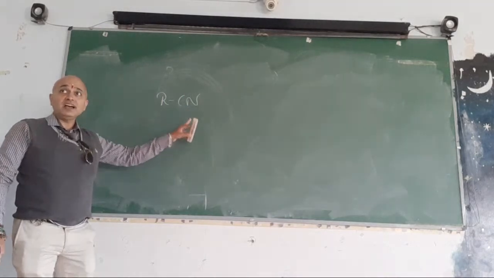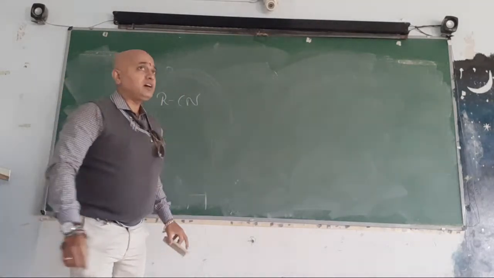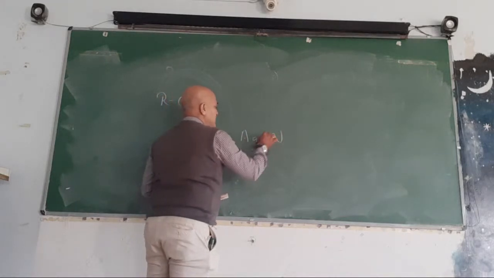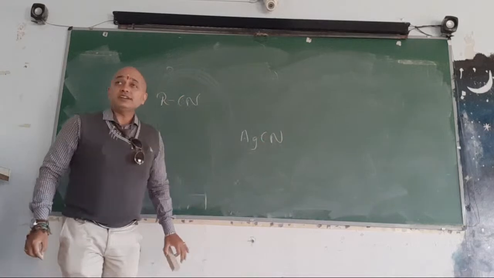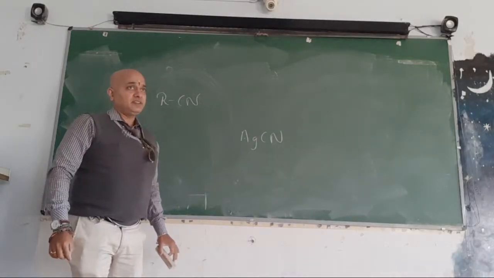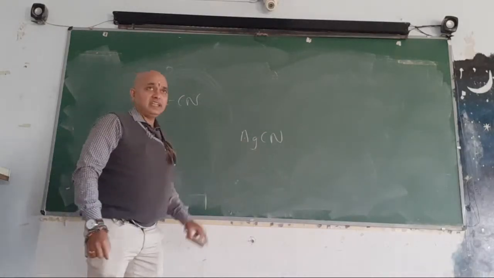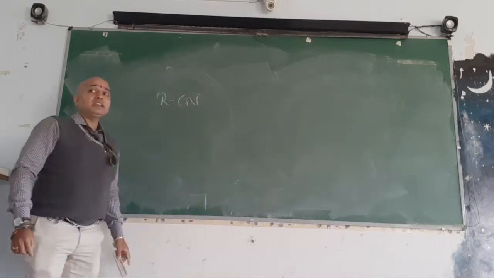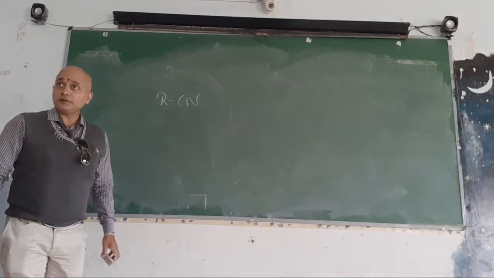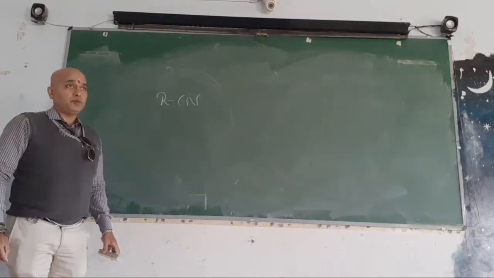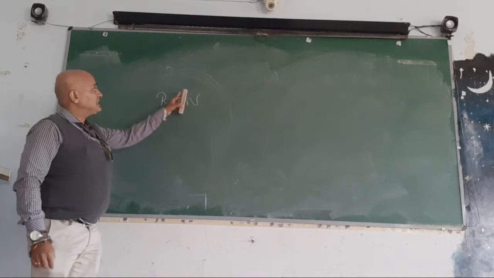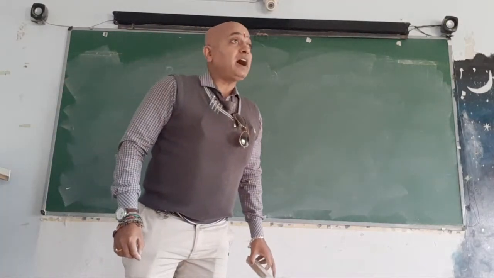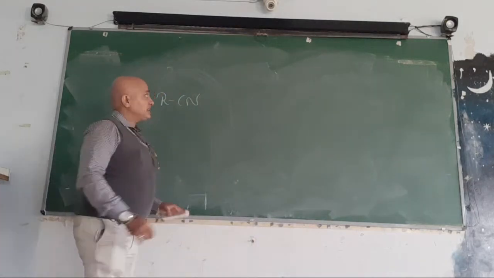Because all of us know that when CN is attached to silver, we will call it as silver cyanide, because it is an inorganic element. But when I am talking about R, where R is nothing but alkyl group, which is an organic compound, therefore this cyanide we can call it as a nitrile. So that's where I have the alkyl nitrile.